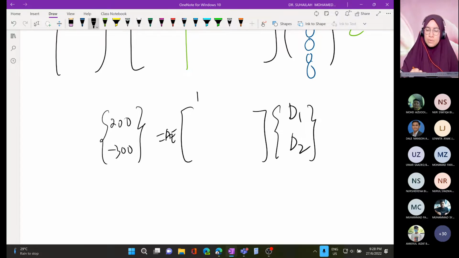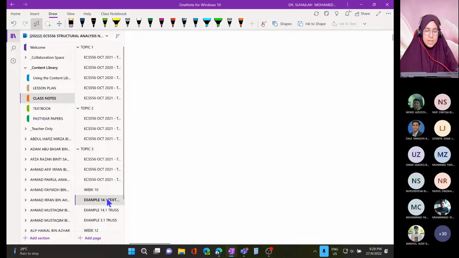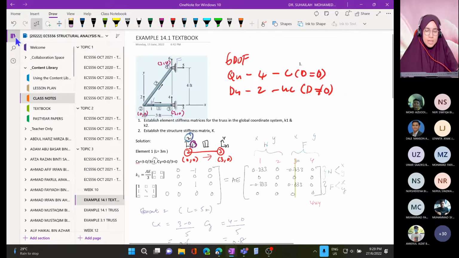This one is position 1, position 2. Okay, then we solve this using calculator, using simultaneous equation. Then we get D1, D2, and after that substitute back and you will get the reactions.